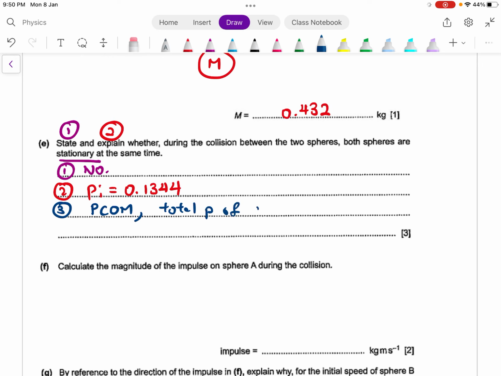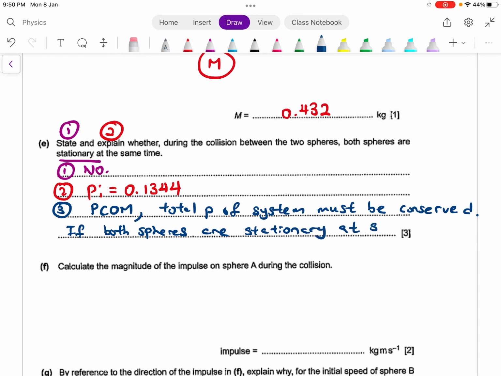Total momentum of the system must be conserved. So if both spheres are stationary at the same time, the total momentum of the system will be equal to 0.